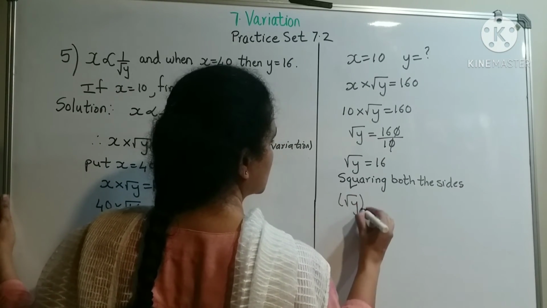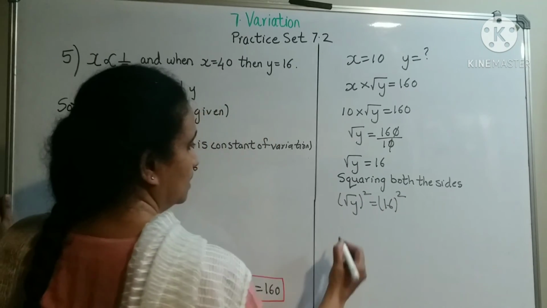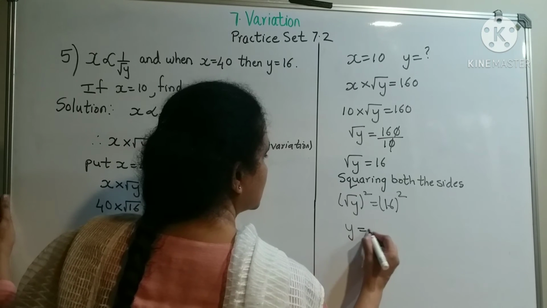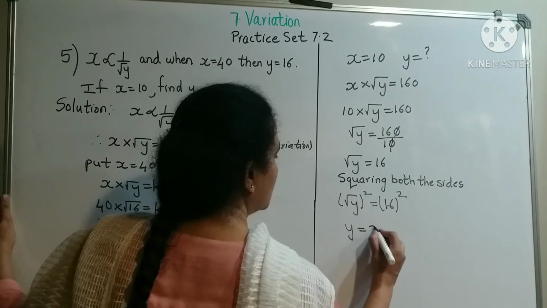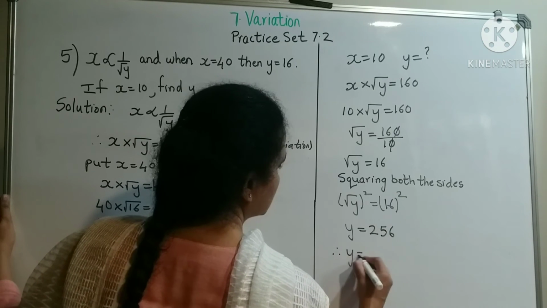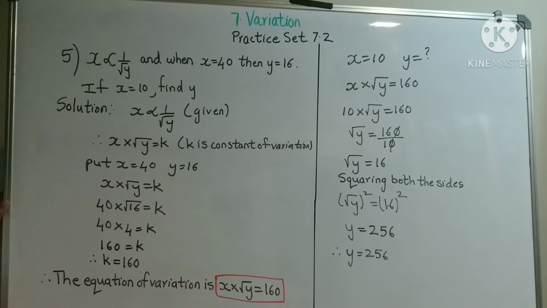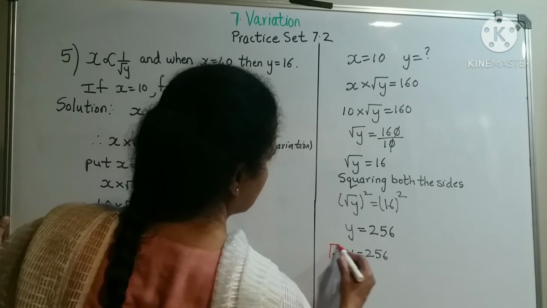Square root of y squared is equal to 16 squared. y is equal to 256. Therefore, y is equal to 256. So, here we have got the value of y as 256.